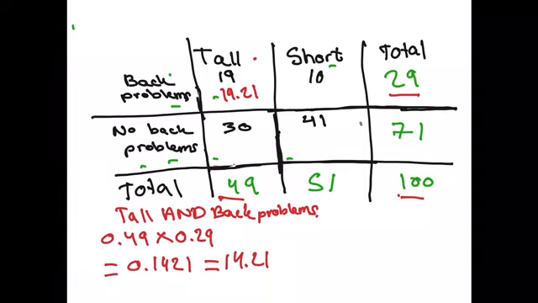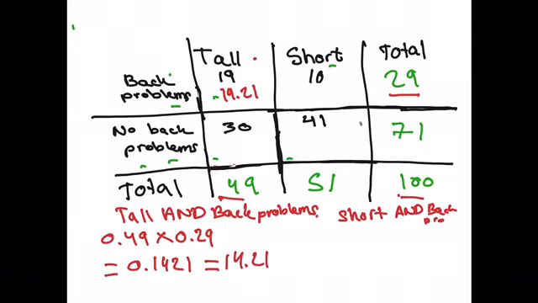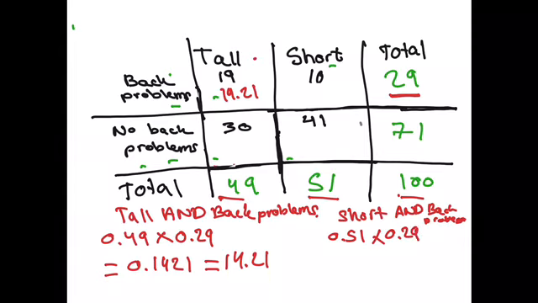Now we'll do the same with short people. We want the expected value for someone who is short and has back problems. So again, we find the probability that someone's short, 51%, and multiply it by the probability that someone has back problems, 29%, or 0.29. That should give us 0.1479. So there is a 14.79% chance that someone who is short has back problems in our expected values.